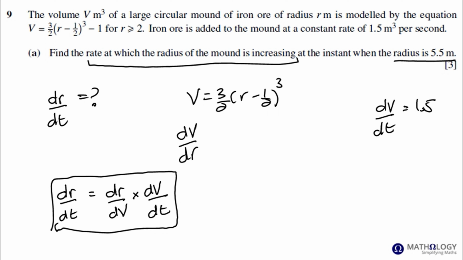So the first thing we're going to do now is find an expression for dV/dr. Differentiating this expression, 3 over 2 times 3 will be 9 over 2 times (r minus a half) to the power of 3 minus 1, that is 2, times the derivative of r minus a half, which is just multiplying by 1. So dV/dr is 9 over 2 times (r minus a half) squared.